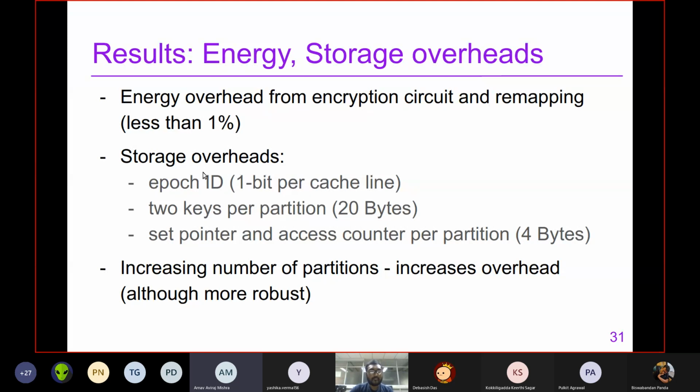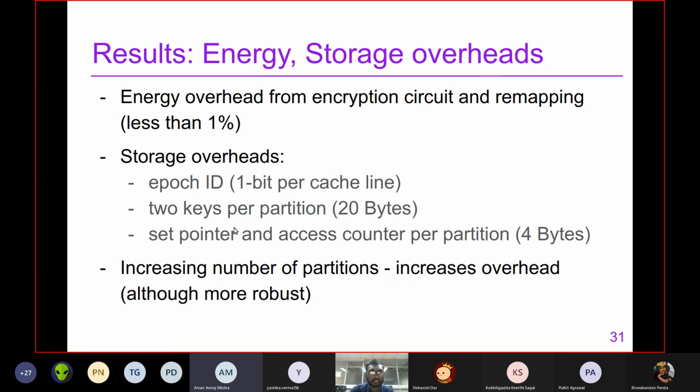Coming to storage overheads, each block will need to store 1 bit that depicts whether this line has been encrypted using the previous key or the current key, so that we know whether to remap it or not. So for this status, we have to store 1 bit per cache line, and then we need 2 keys per partition.